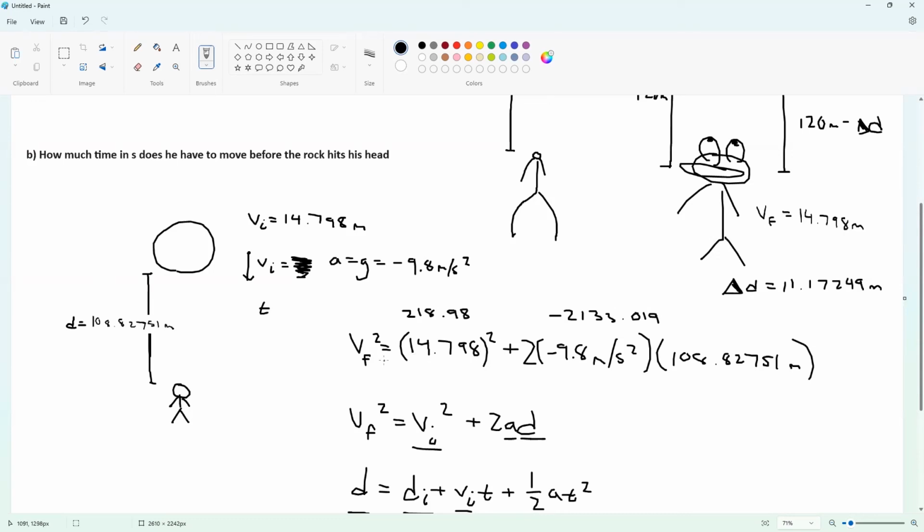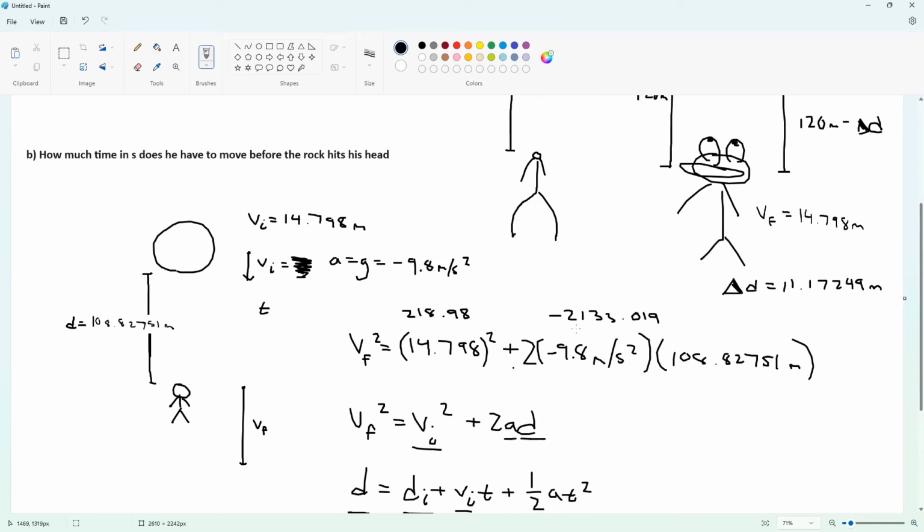Why would its initial velocity and its acceleration be in the same direction? So its final velocity is going to have a greater magnitude than its initial velocity.